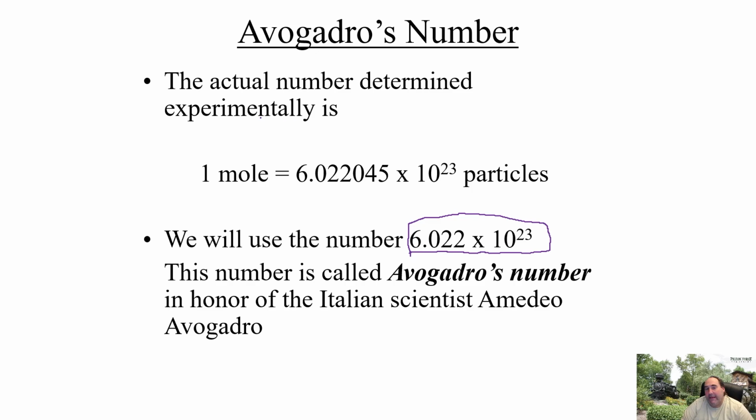And what I mean about different units is this: if we have 1 mole of anything, that would equal and represent 6.022 times 10 to the 23.